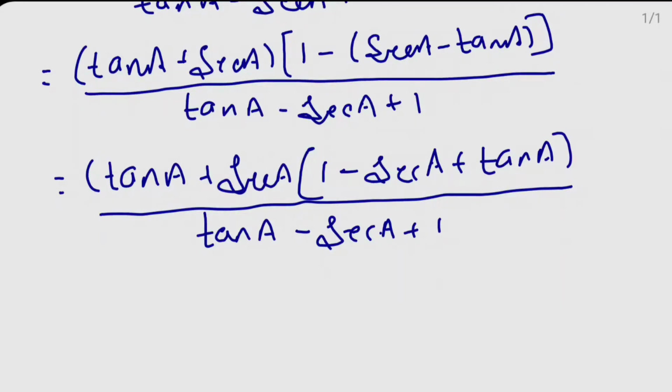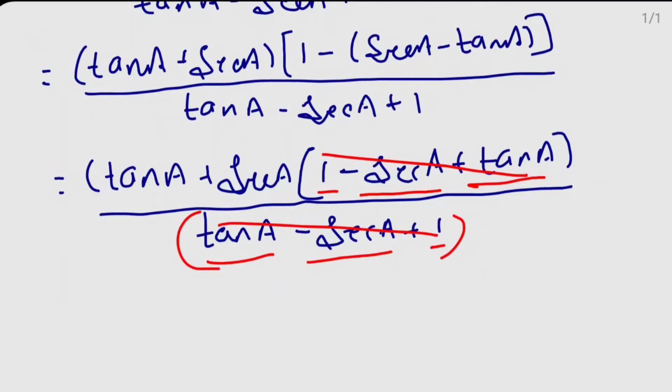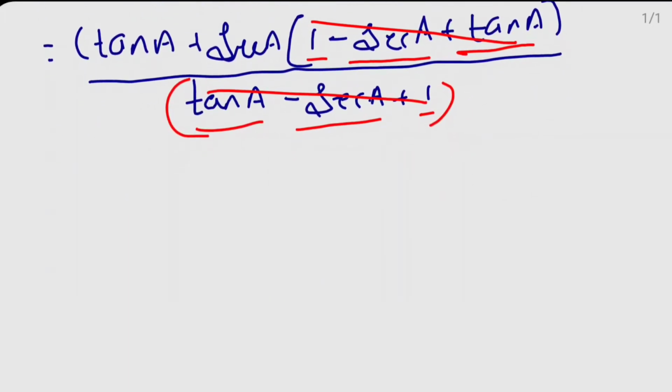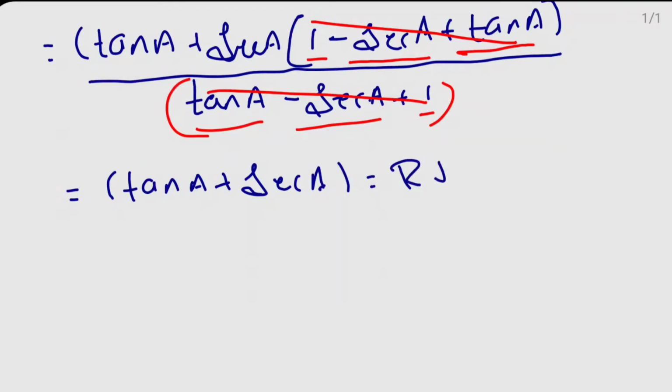And look here, here is 1 minus sec a plus tan a, and here also 1 minus sec a plus tan a. Both terms are same here, so these two get cancelled. So write down the remaining here: tan a plus sec a. So it is our RHS, right?